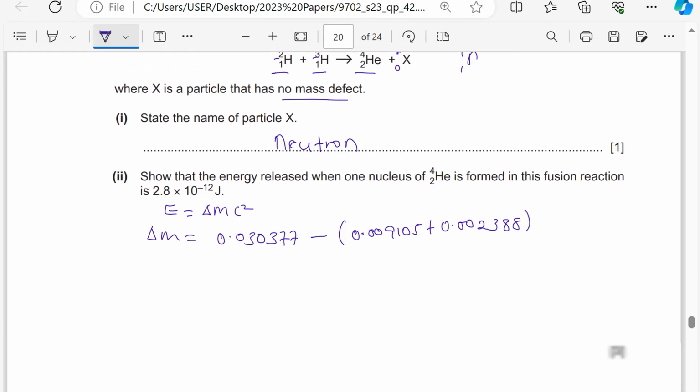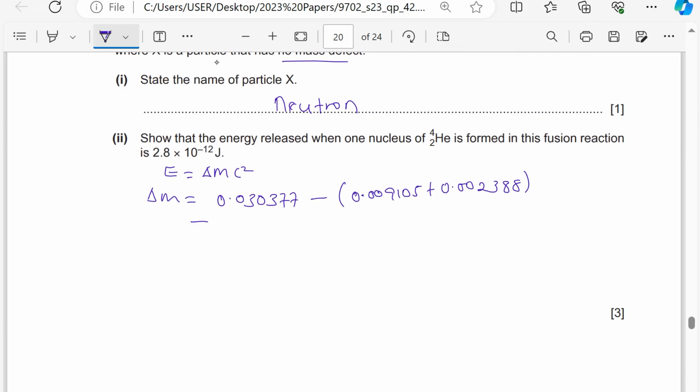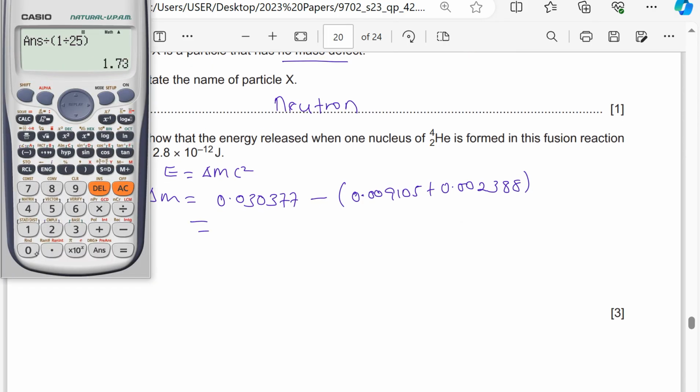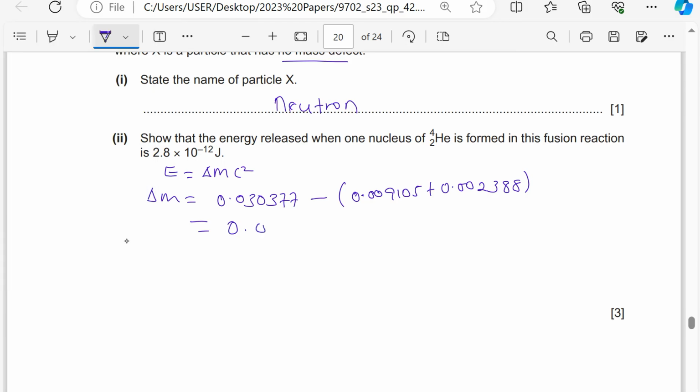So let's find the mass defect first. 0.030377 minus 0.009105 plus 0.002388. So this is 0.018884 in unified atomic mass units.